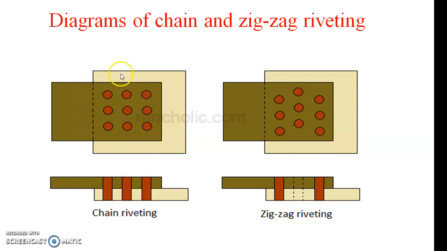That's why this is called the chain riveting joint. When the rivets in the various rows are opposite to each other and the center lines are the same, the joint is known as a chain riveting joint. In simple words, the holes have the same center line: opposite rows but the same center lines.